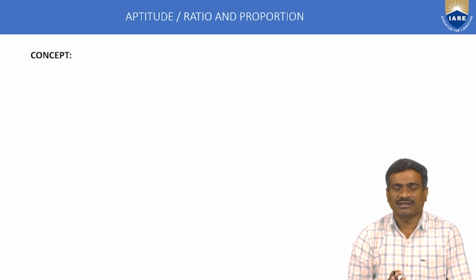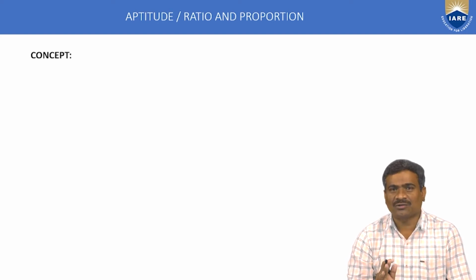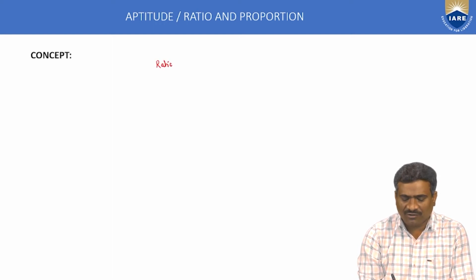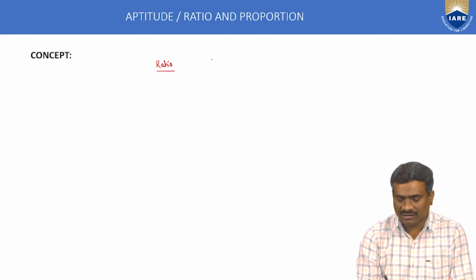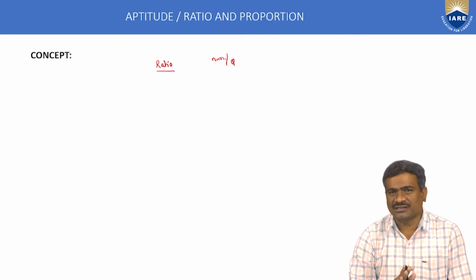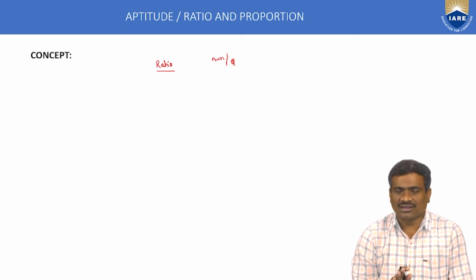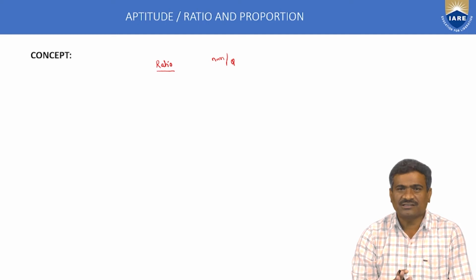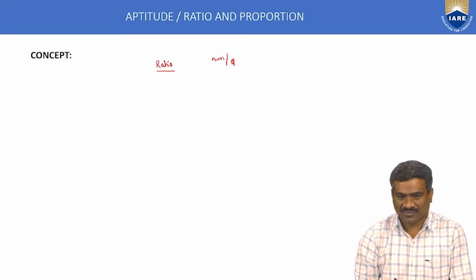Equality indicates either a ratio or a proportion. Ratio definition: equality of numbers or quantities is called ratio. Proportion is nothing but equality of ratios. This is the difference between ratio and proportion.